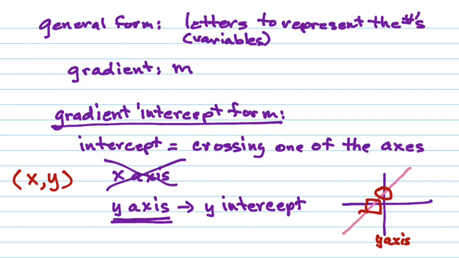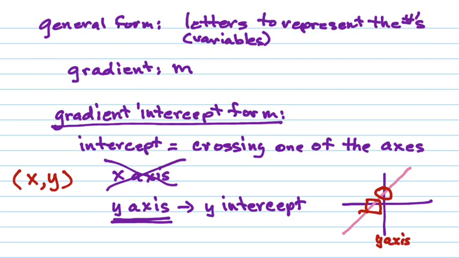If you're on that axis, could you have gone to the right any away from the y-axis? No. Could you have gone to the left any? No. You have to stay right there in the middle. Now, can you go up or down? Yes, you can still be on the y-axis if you go up or down. But you can't go to the right or the left, because you won't be on the y-axis anymore.